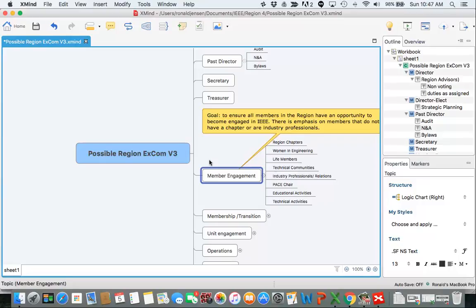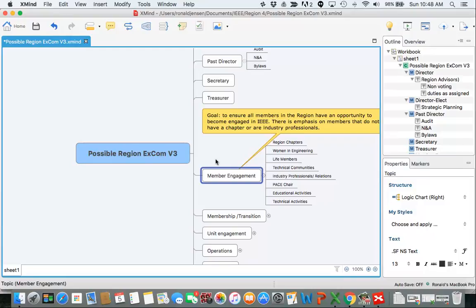And the difficulty is we have very few of them. They are not everywhere, and so we don't necessarily serve all life members or all women in engineering, and women in engineering is a paid membership. But what do you do for the women who have not necessarily paid for a membership, but still have specific interests and needs and so forth that we should try and support?